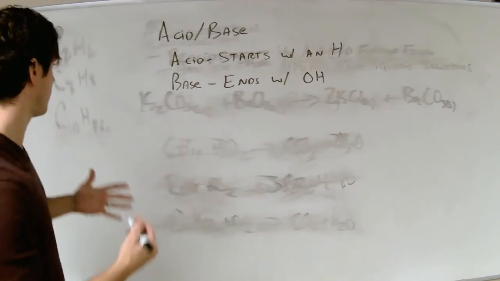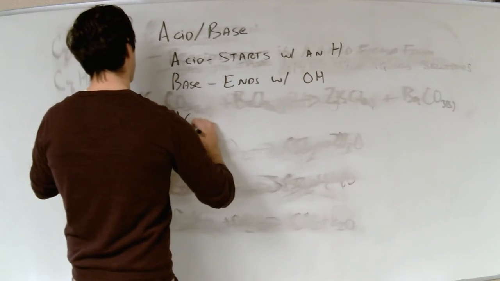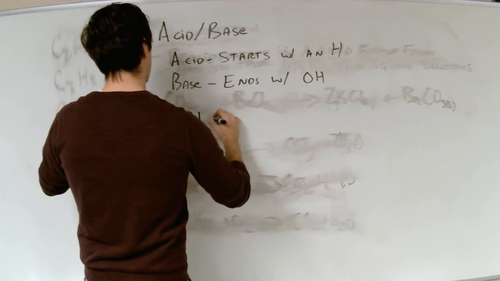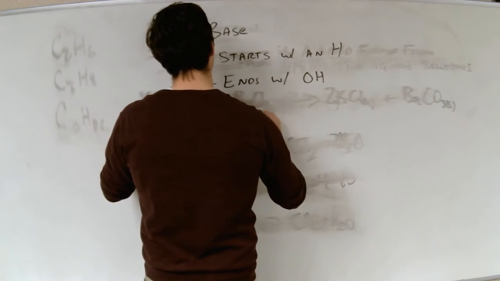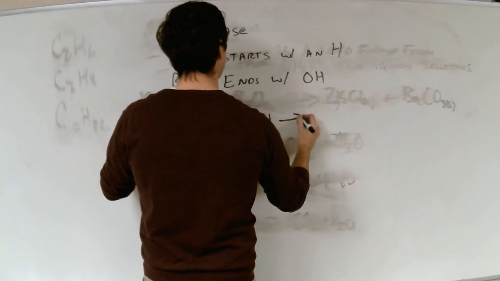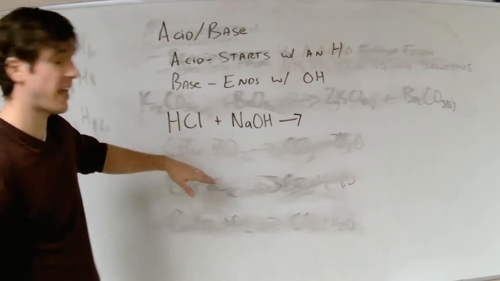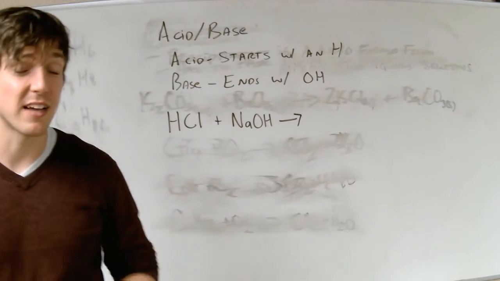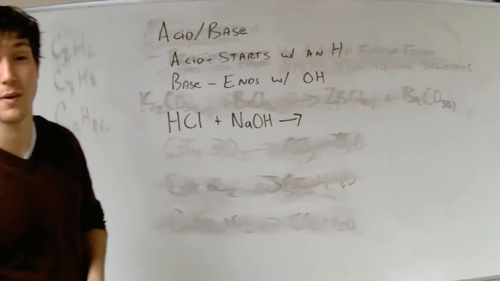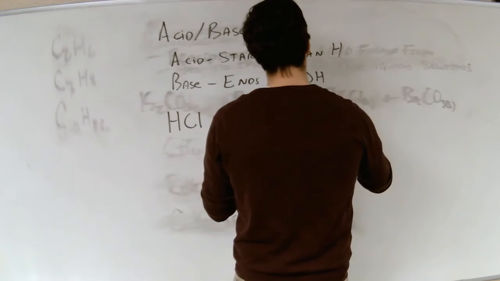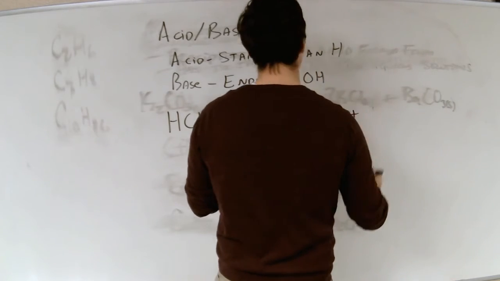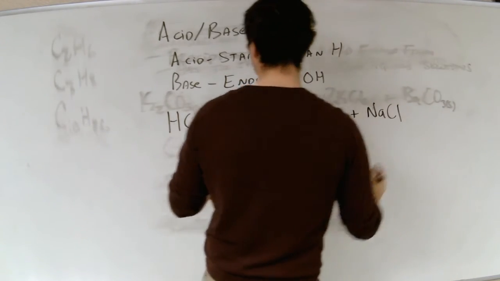An example of this is HCl mixing with NaOH. We got an acid and we got a base here. Now our acid-base reactions are always going to form one product that is always the same, and that is H2O, and then it'll form its salt, which is NaCl.